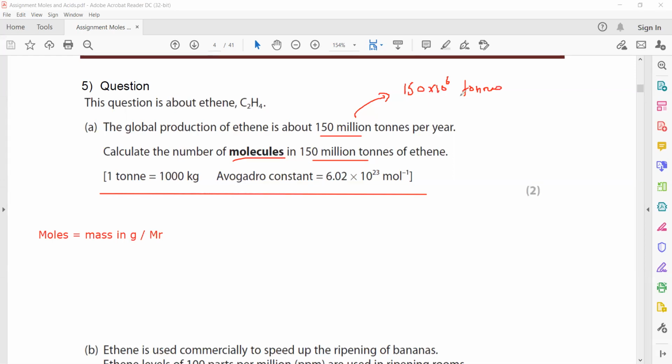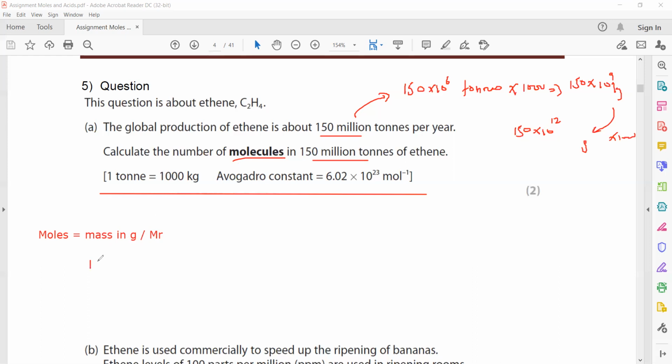Then we have to convert into kilograms. As we know, 1 ton is equal to 1000 kilograms, so we multiply by 1000. So it will be 150 times 10 to the power 9 kilograms. But we have to convert into grams, so we again multiply by 1000. So it will come out as 150 times 10 to the power 12.